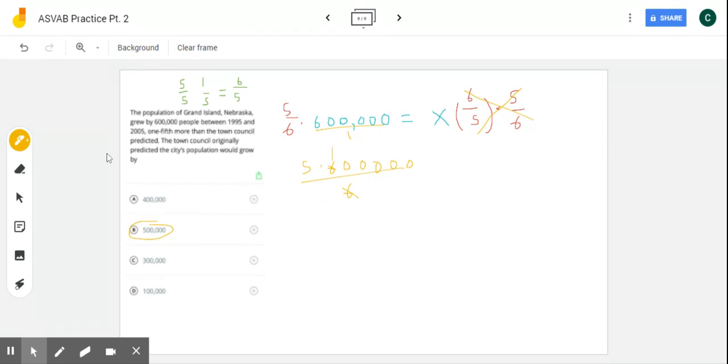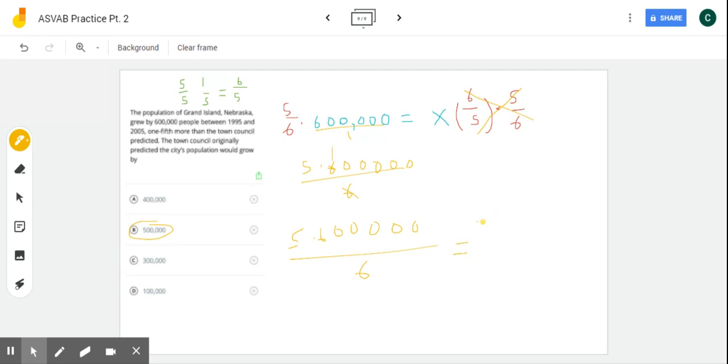Another way, if we didn't do that, so 5 times 600,000. So 5 times 6 is 30, so we end up with 300,000. And then divided by 6, and 30 divided by 6 is 5. So we're left with 500,000 again.